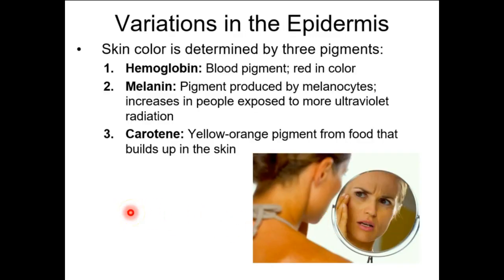Now again, skin tone is determined by genes. Your melanin pigmentation is determined genetically. Some alterations to pigmentation of skin can include the presence of blood or blood vessels. Hemoglobin can change color to a more reddish hue. Melanin, again, determined genetically and increases after exposure to UV radiation.